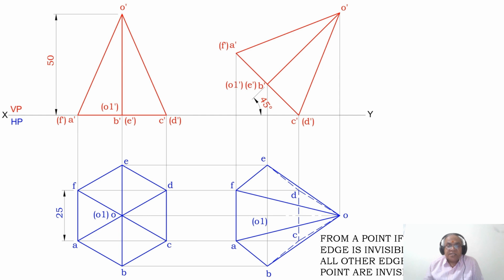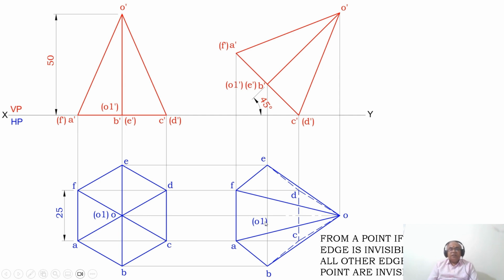If you consider the point C, you know that CD is invisible, since one of the edges from the common point C is invisible. Automatically CO and CB will also become invisible. Similarly, apply the same rule here. From D, if DC is invisible, therefore DO and DE will also become invisible.